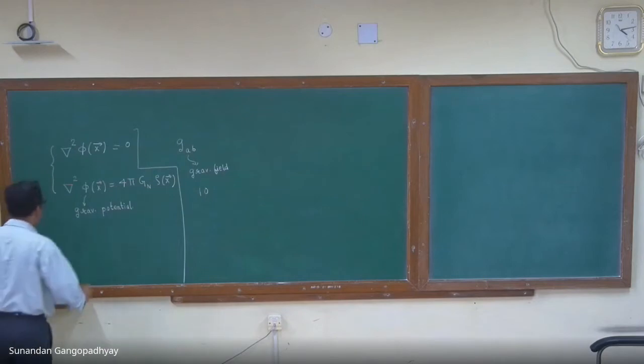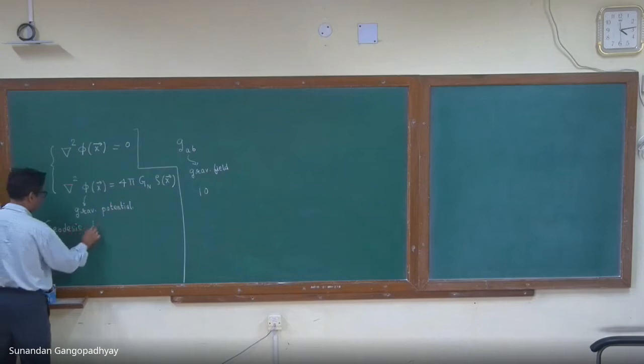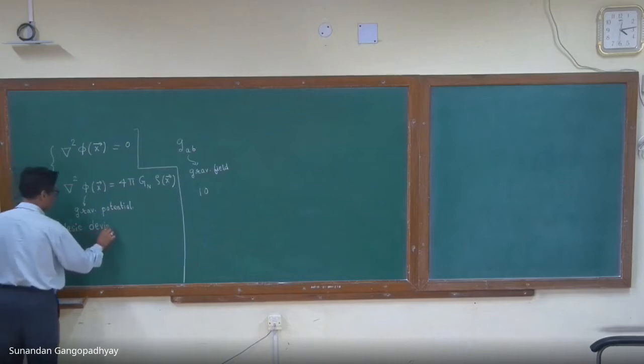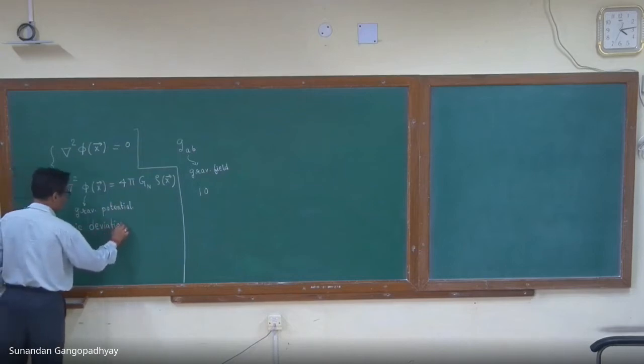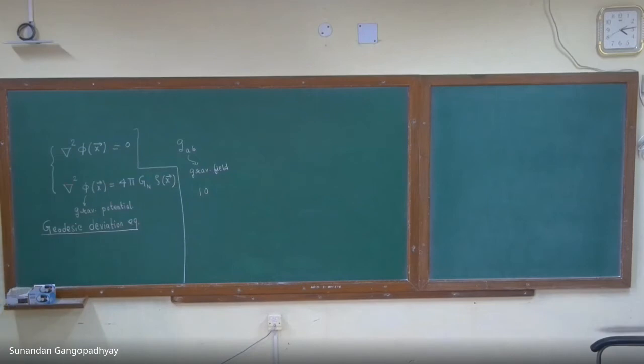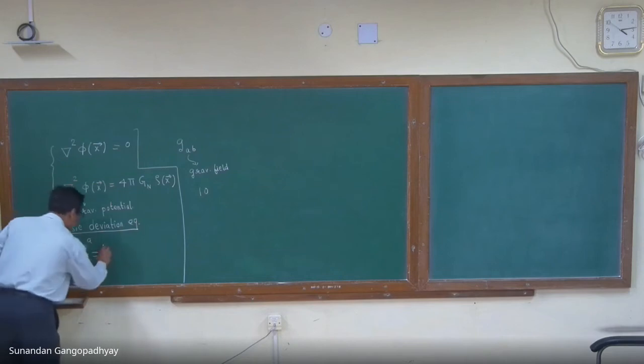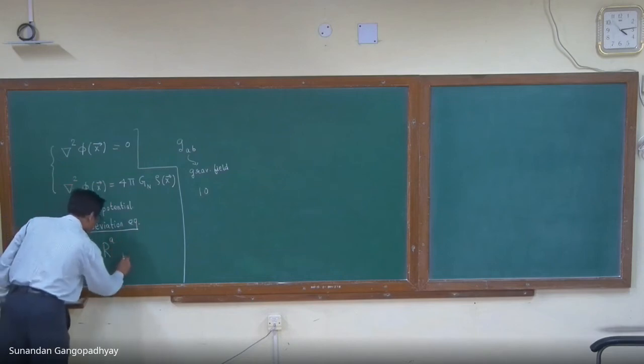These are the criteria by which one should construct the equation. Let us now write the geodesic deviation equation. So now we shall consider the geodesic deviation equation, which we derived in the previous lecture, and the equation is of this form.